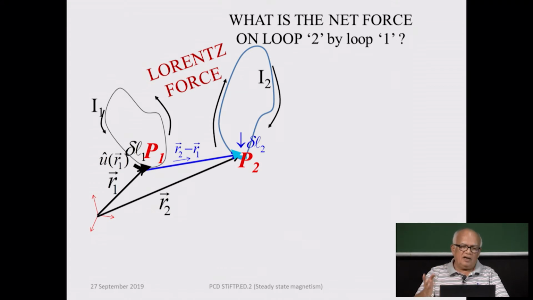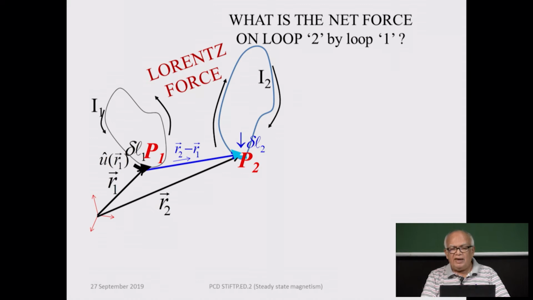But then you have a current flowing, and this current will generate a magnetic field at the point P2 where you have a charge in motion, and this charge in motion will experience the Lorentz force, because the Lorentz force is Q into V cross B in the region where the magnetic field B is present and the charge is moving at the velocity V.